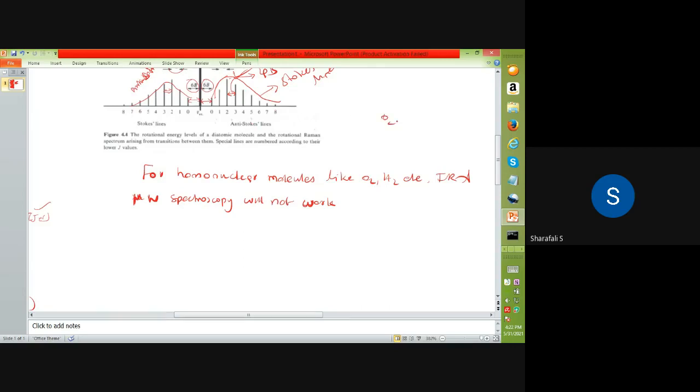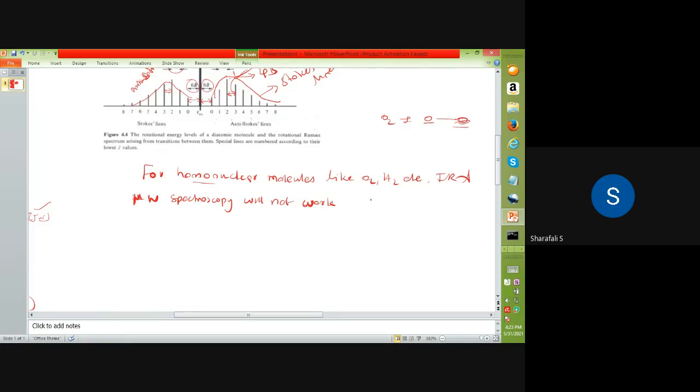If you consider oxygen, you will have two oxygen atoms. Those kinds of molecules are called homonuclear. They are IR and microwave inactive, or we can say IR and microwave spectroscopy does not work.